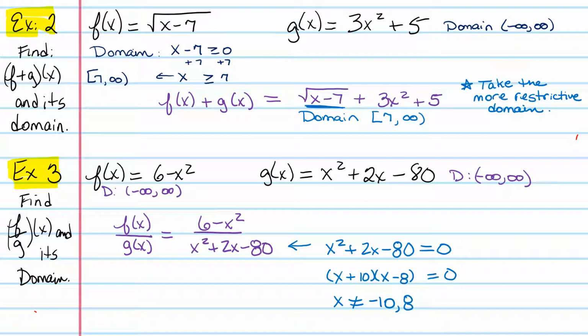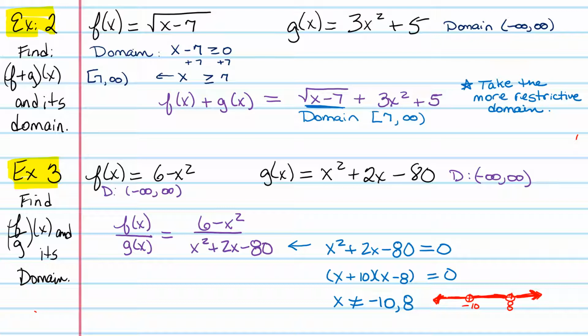And so my domain for my new function would be all numbers except for those two. And if you remember how we do our little number line, so we can get our interval notation correctly, we can do all these numbers here, but we can't do negative 10, and we can do all these numbers here, can't do 8, and all these numbers here.